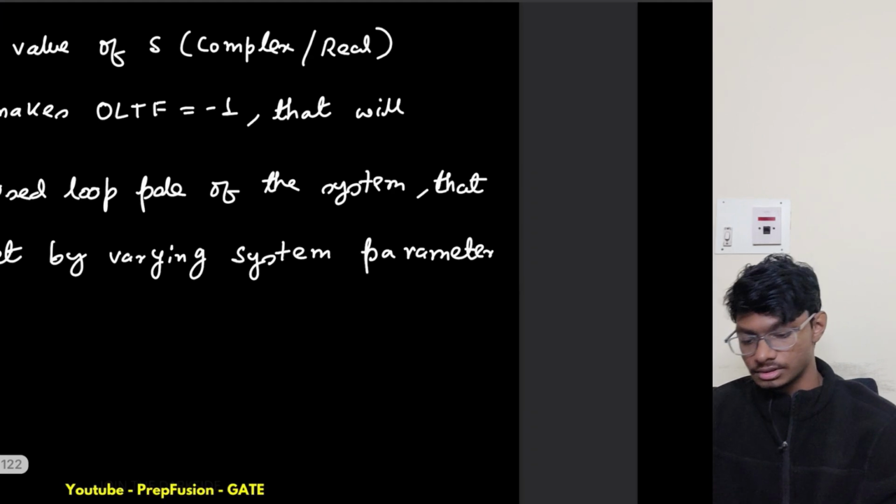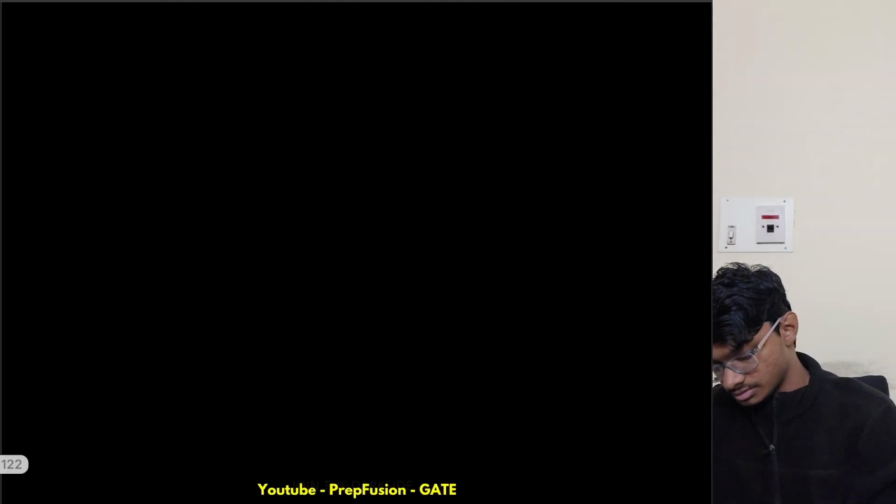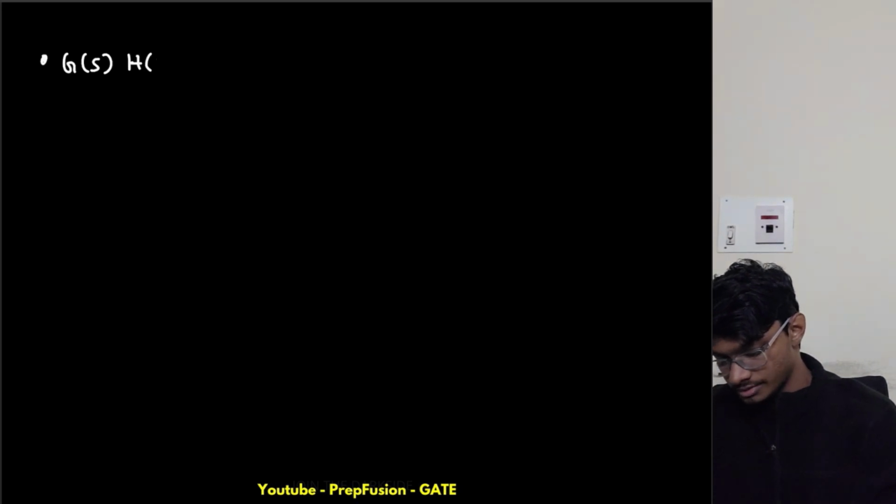We'll see, right? So let me prove it to you. My G of S into H of S has to be equal to -1. So this is the basic condition.